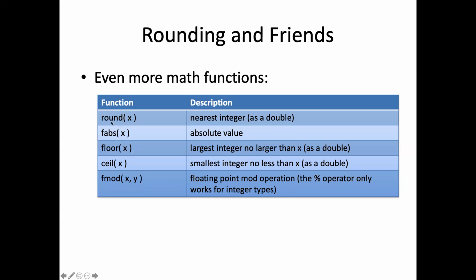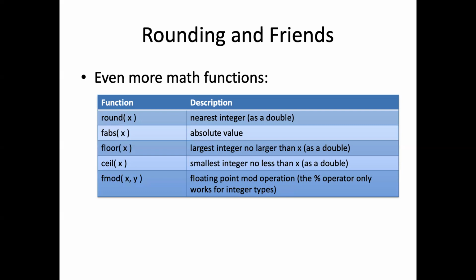Round rounds to an integer, but it returns the result as a double rather than an int, because int might not have enough range to cover all possible double values. It just gives you back the result in a type that has enough range to store any value that you've rounded. So there's one for computing the absolute value, for floor and ceiling, and for doing a floating point mod.